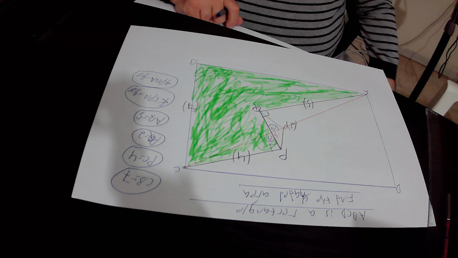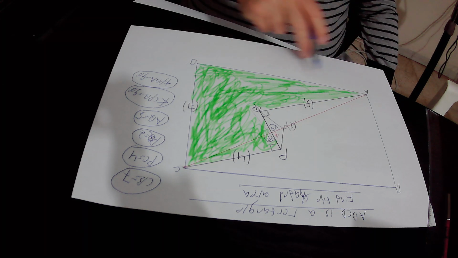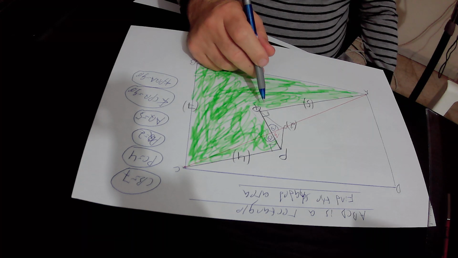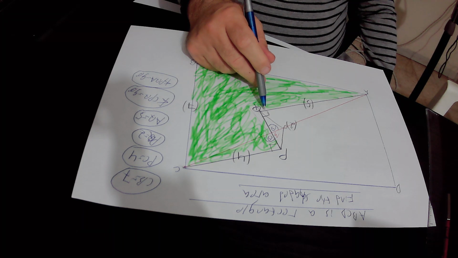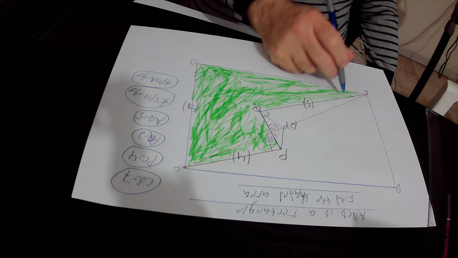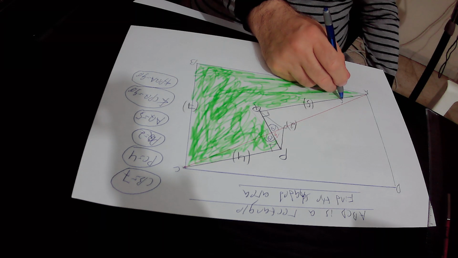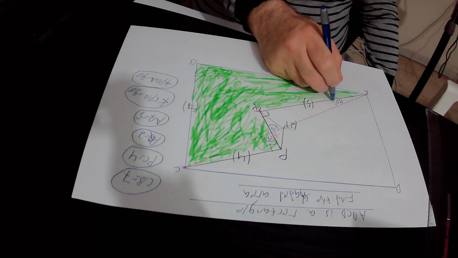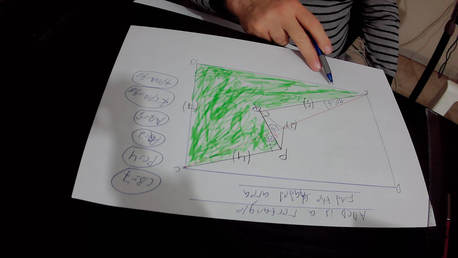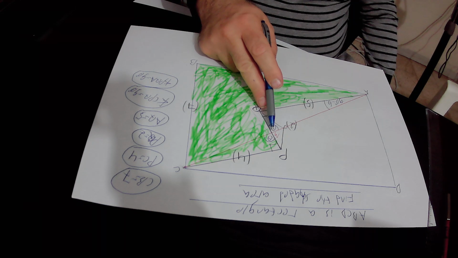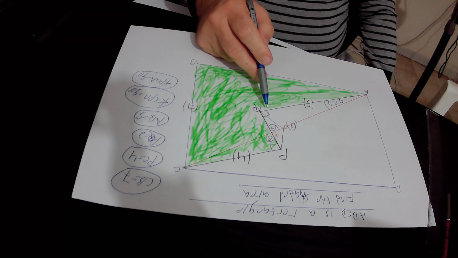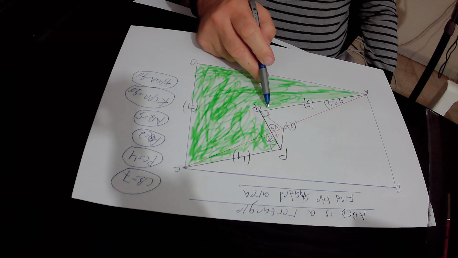Inside the right triangle AQM, this angle equals 90 degrees and this angle equals theta, and therefore the missing angle here must equal 90 degrees minus theta. Why? Because 90 degrees minus theta plus theta is 90 degrees, and 90 degrees plus 90 degrees equals 180 degrees. That is the sum of the angles in any triangle.